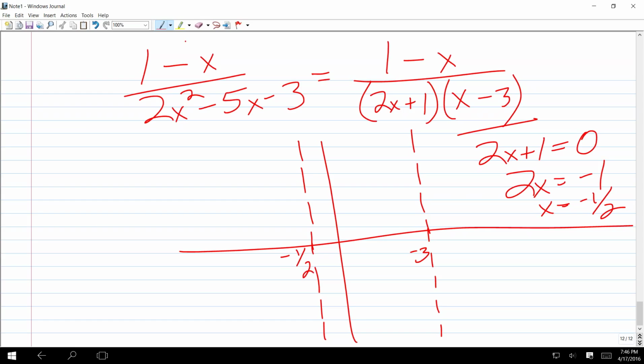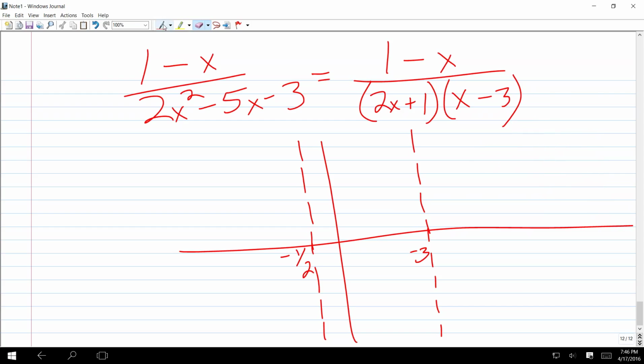Do I have a horizontal asymptote? Did they teach you about that? Wouldn't it be 0? Yeah, if the numerator's highest degree is less than the denominator's, then the horizontal asymptote is always at y equals 0.